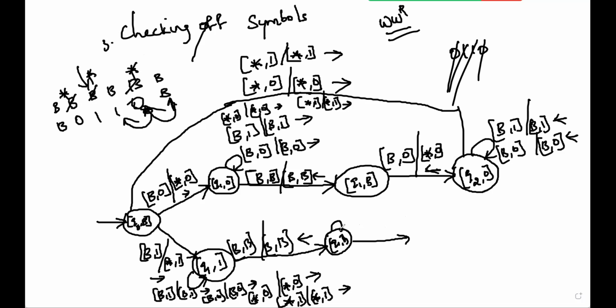So for that reason I'll use a self loop here, star comma 0 slash star comma 0, just move to left. Or 1 also you can write: star comma 1 slash star comma 1, move to left. One situation will reach this one, no? So we can change that blank comma 1 to star comma 1. Move to left hand side. And also you can join here itself. Okay.